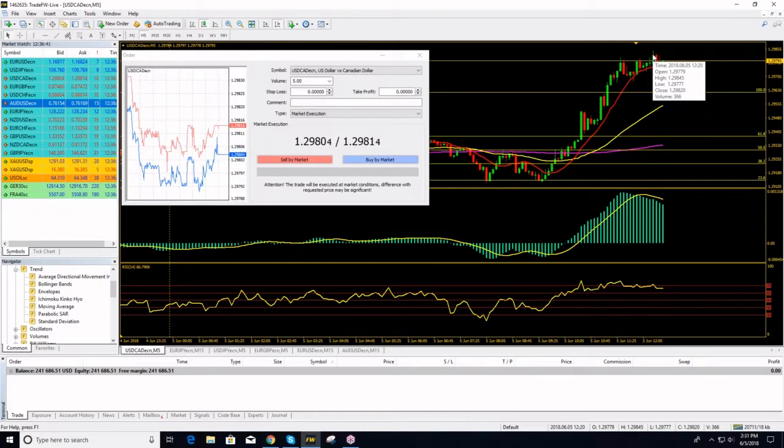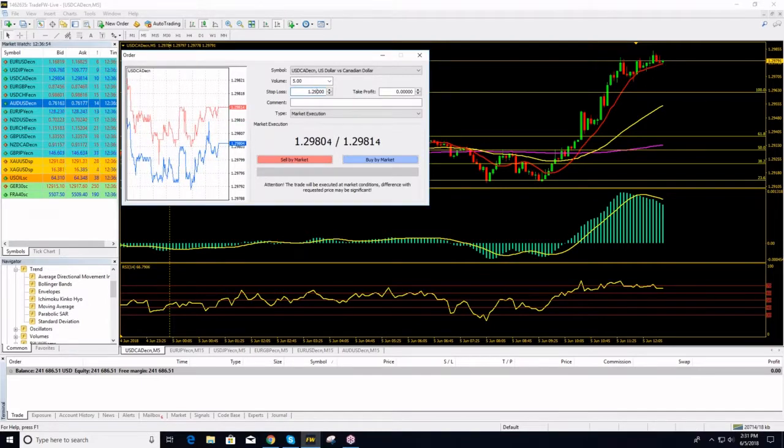Okay, 10 pips above the high, the stop loss, 129.95. TP, 129.30. 129.35 is our TP.